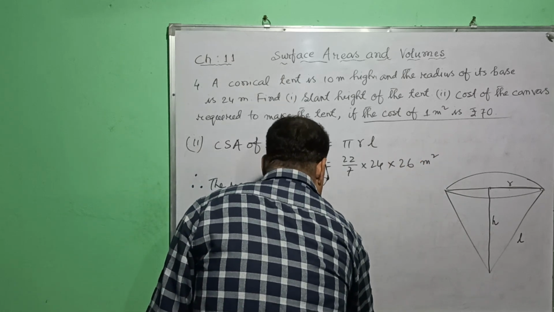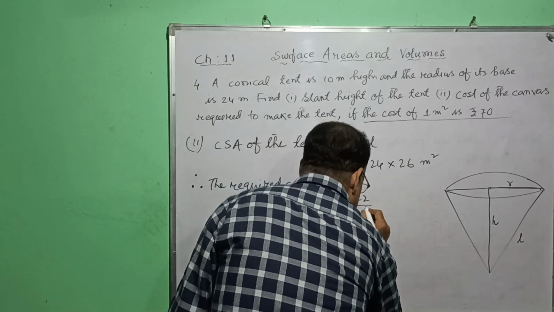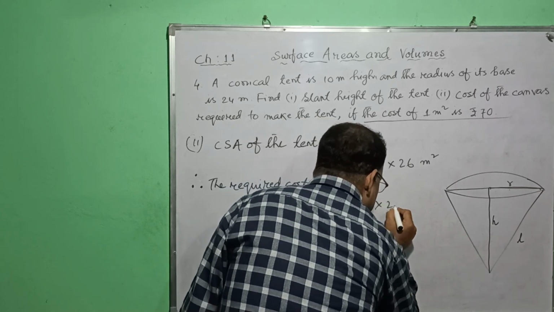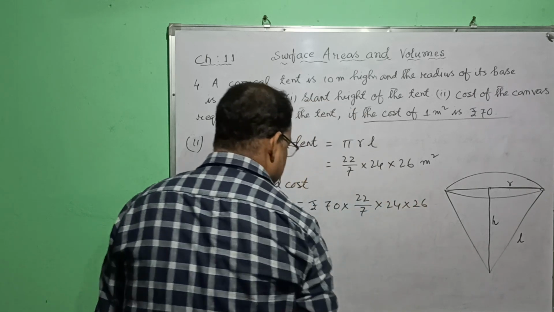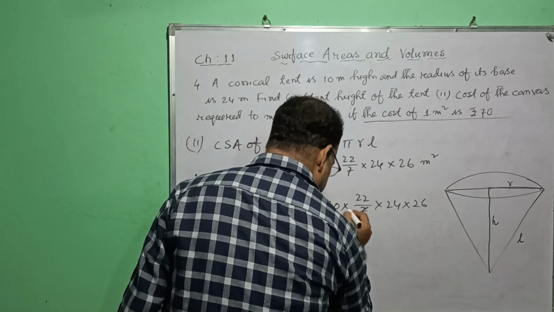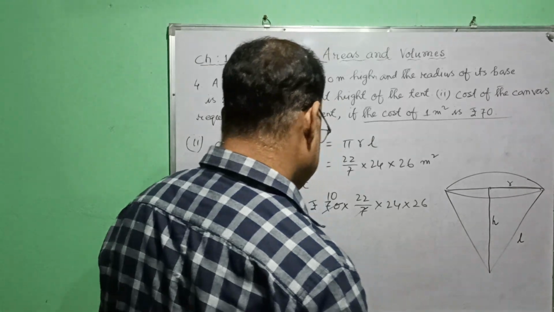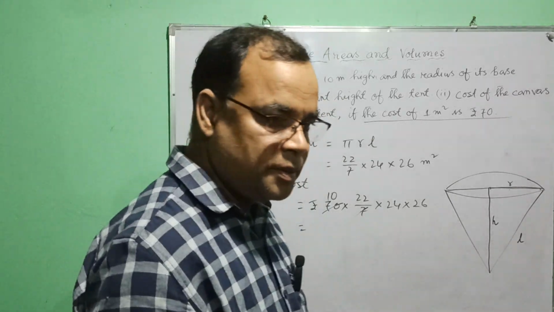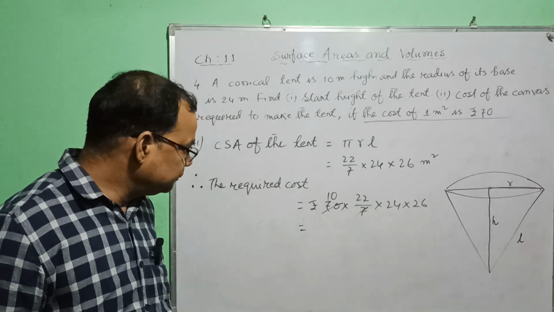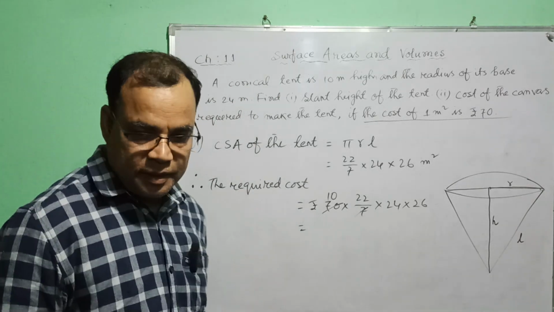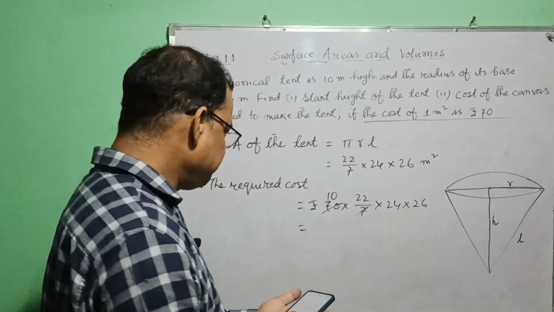So we'll write here rupees 70 into 22 by 7 into 24 into 26. Now 70 is divisible by 7, it is 10, and we need to multiply it. We'll use the calculator to get the answer, otherwise it will consume time and reduce our time.